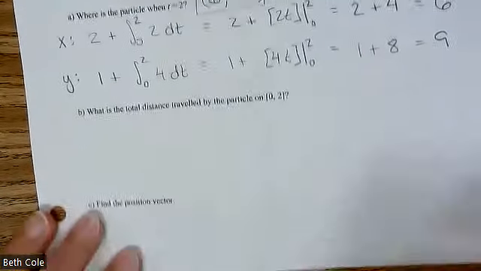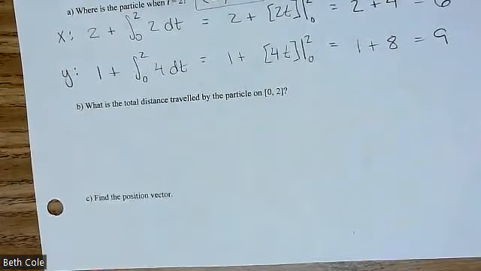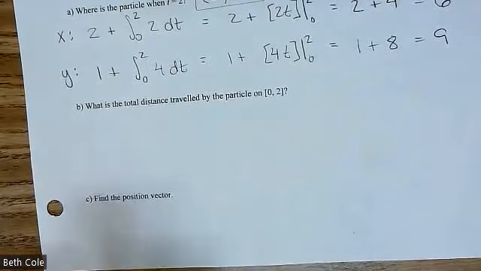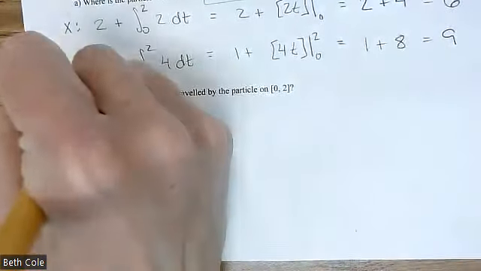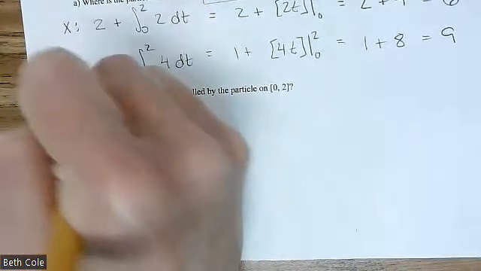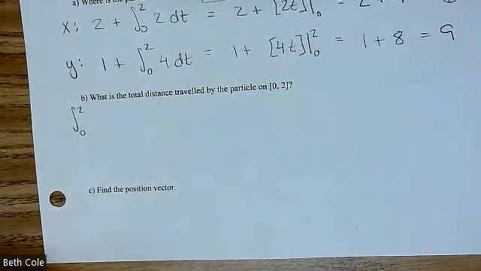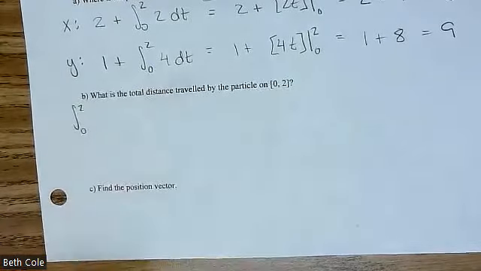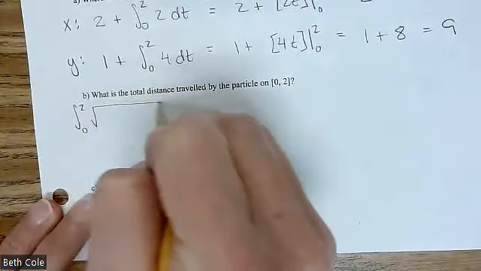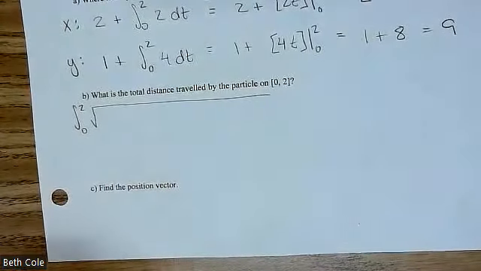All right, B says total distance. That was like part D on the warm-up we just did, except we're going to actually work it out this time. So it would be the integral from 0 to 2, and then what am I going to draw? For total distance, a big square root. What goes underneath there?